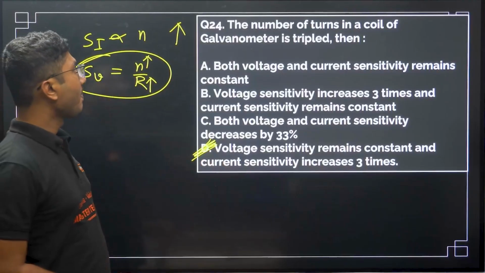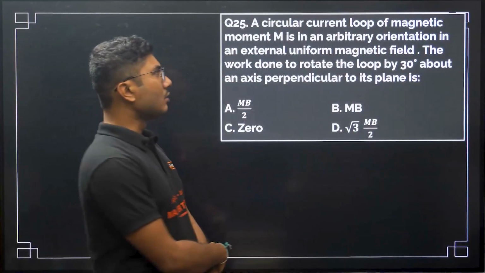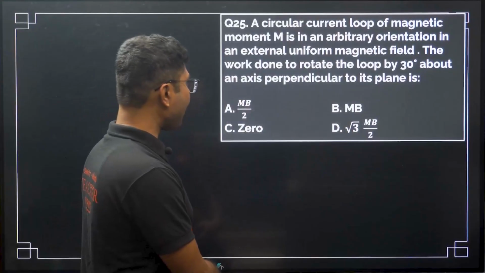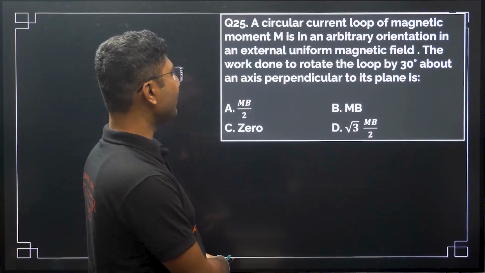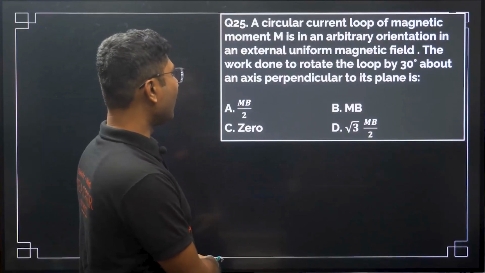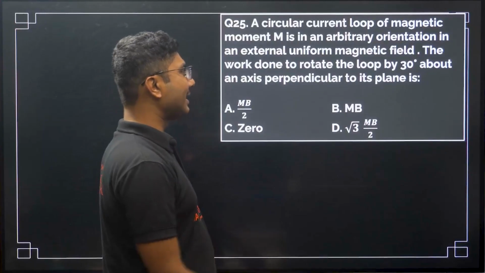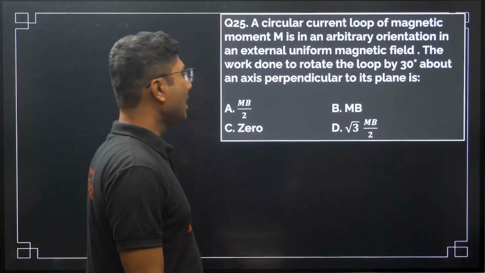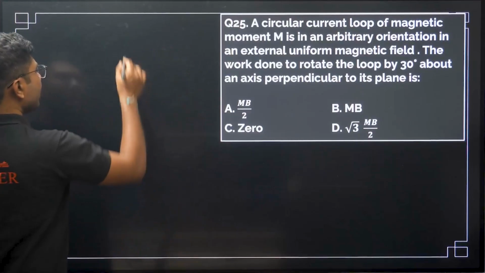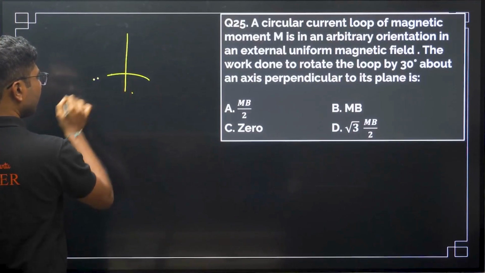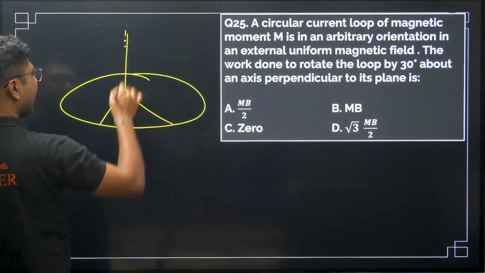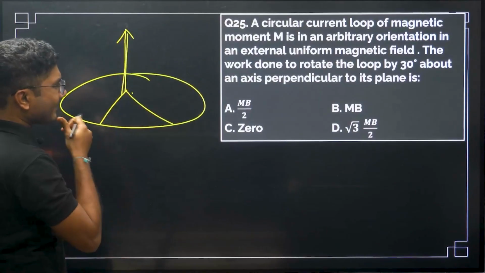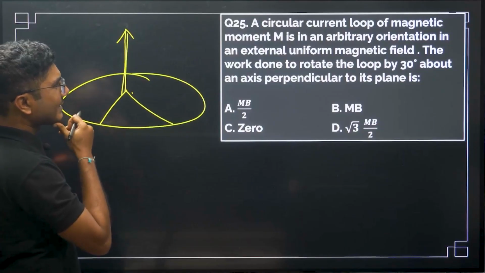A circular current loop of magnetic moment capital M is in an arbitrary orientation in an external uniform magnetic field. The work done to rotate the loop by 30 degrees about an axis perpendicular to its plane. So here we have a current carrying loop, and it is in an arbitrary direction, but the magnetic field is in the perpendicular direction, right?